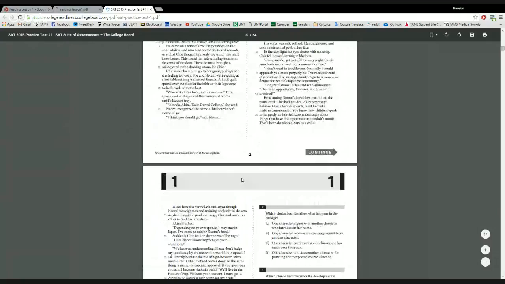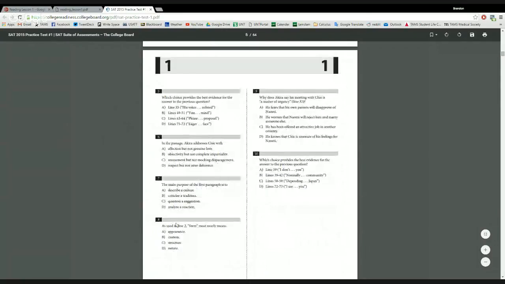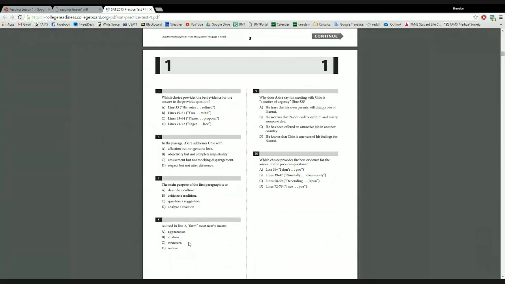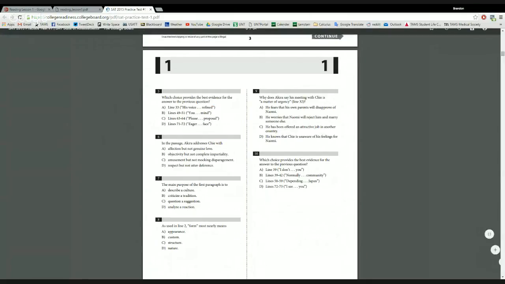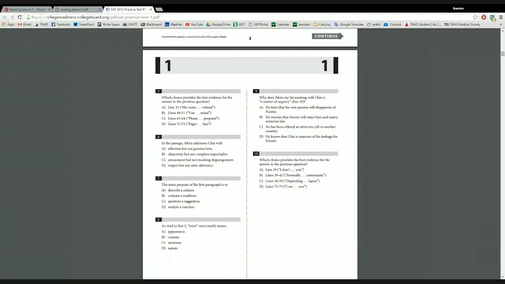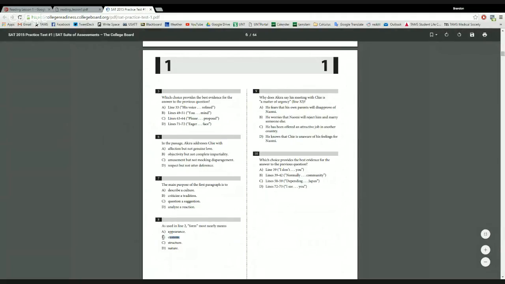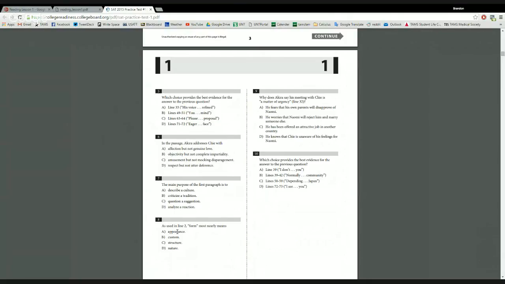So in my mind, I already have a definition. So you would look at the answer choices and ask: does an appearance sound like or seem like a process or procedure? No, it doesn't. So cross it out. Custom, is that a process or procedure? Relating to the tradition that's mentioned above, yes, indeed, the custom is actually quite similar to a process or procedure that is followed in a culture.